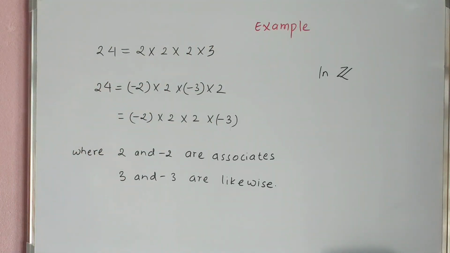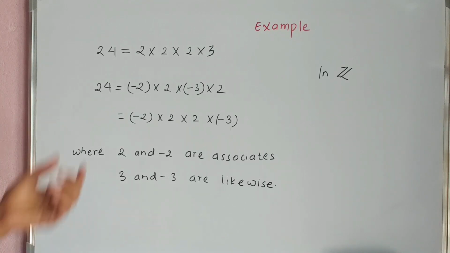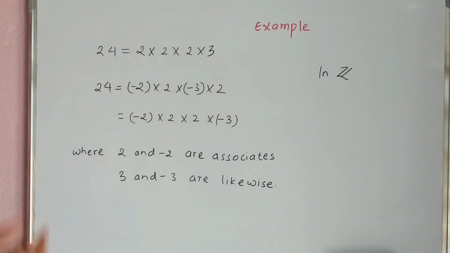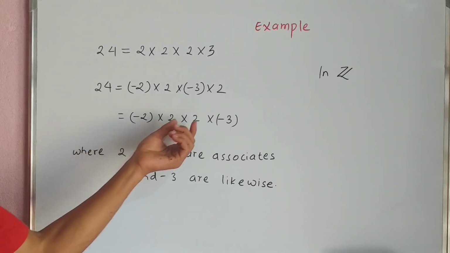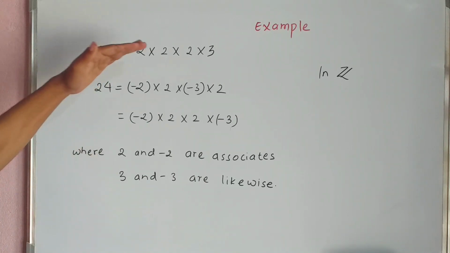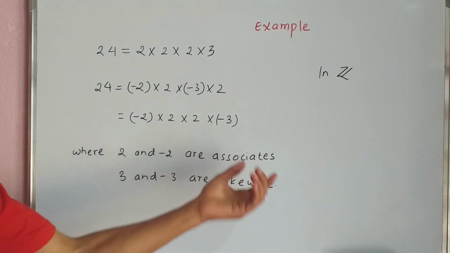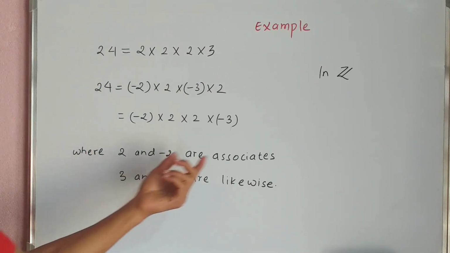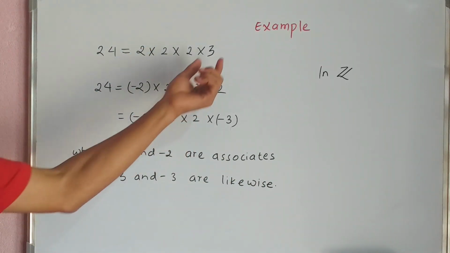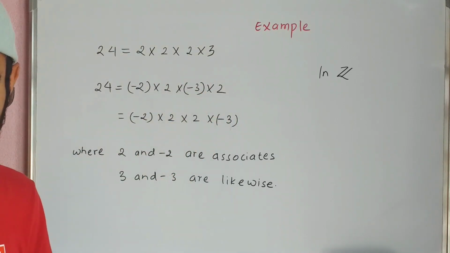The second factorization of 24 into primes is minus 2 times 2 times minus 3 times 2. The factors in the second factorization can be reordered as minus 2 times 2 times 2 times minus 3, such that the corresponding terms between these two factorizations are associates. 2 and minus 2 are associates, 2 and 2 are also associates, and likewise 3 and minus 3 are associates.